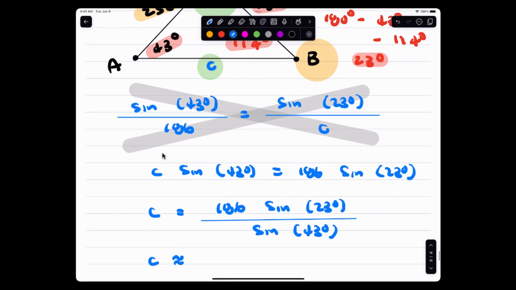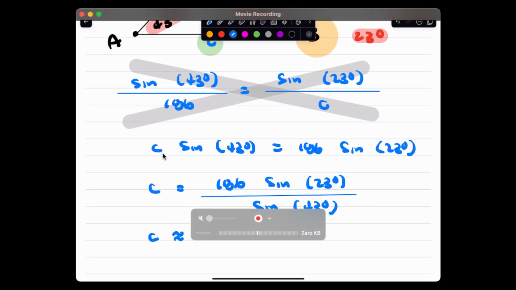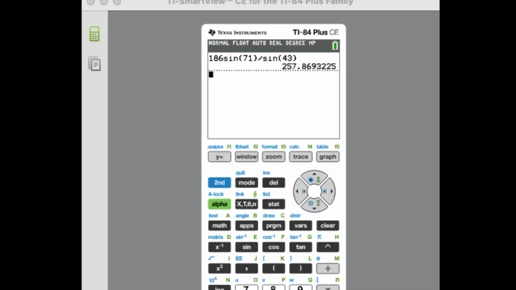All right, in case you guys want to see the notes there. Okay, you guys ready for the calculator work? Ready for the TI? Okay. Now it's 186 sine of 23 divided by sine of 43.